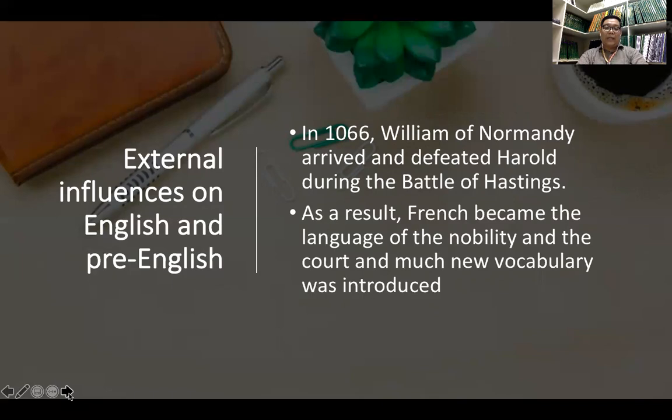It was when William of Normandy arrived and defeated Harold during the Battle of Hastings. This is highly political in nature. And this external influence has also greatly affected the stock of words in the English vocabulary. That is why if we review our English lexicon, there are a lot of words there which are heavily influenced by French or which are etymologically French.